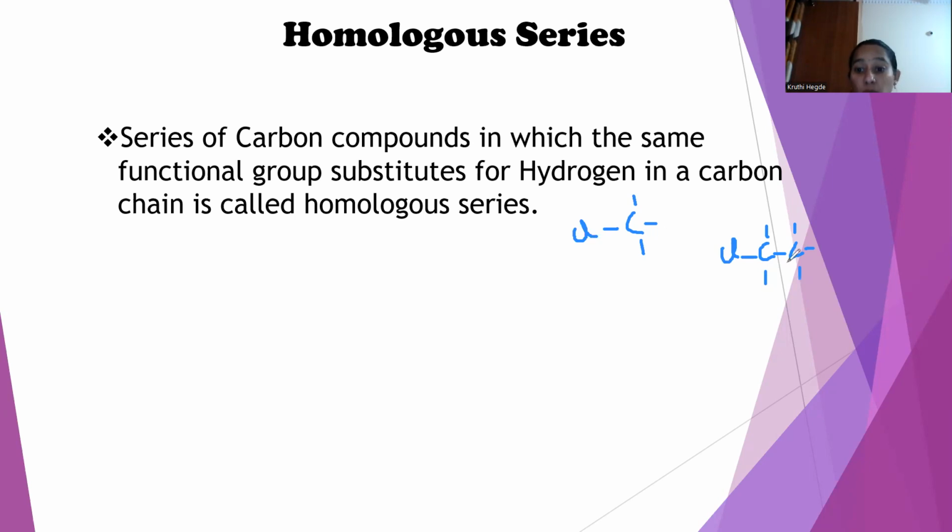So these two have the same functional group but a different number of carbons. Here only one carbon is there, here 2 carbons are there. Then this becomes a series, and that series is called a homologous series. Got it? It's called a homologous series because the 2 compounds have the same functional group.